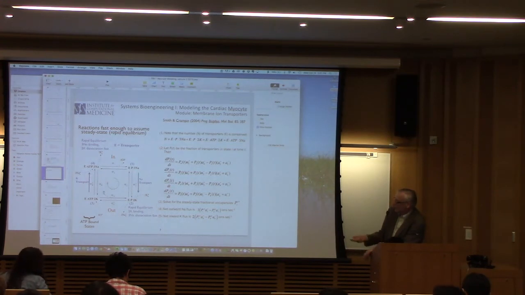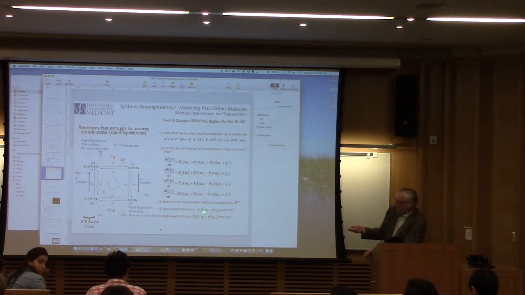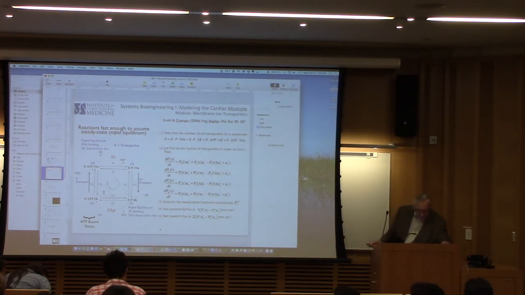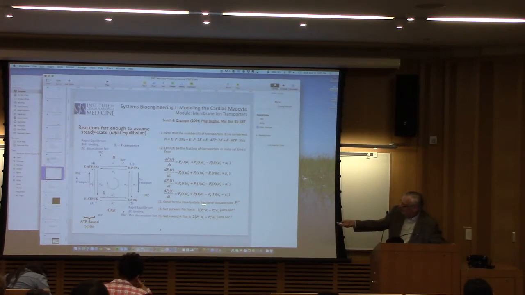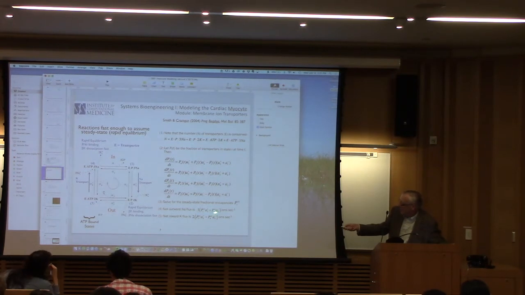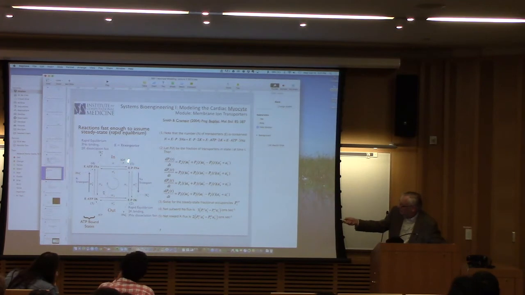And so the net outward sodium flux is the steady state probability that we're occupying state 1 times the transport rate A2 plus, which is this rate here. So that represents an outward flux of sodium, minus the probability that we're in state 2 times the reverse transport rate, which is A2 minus.